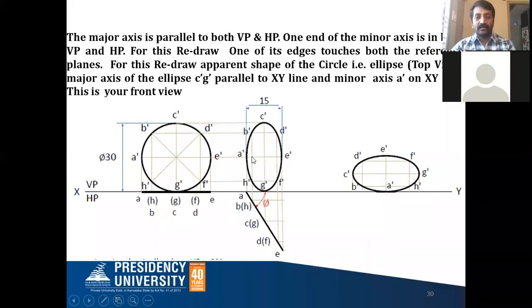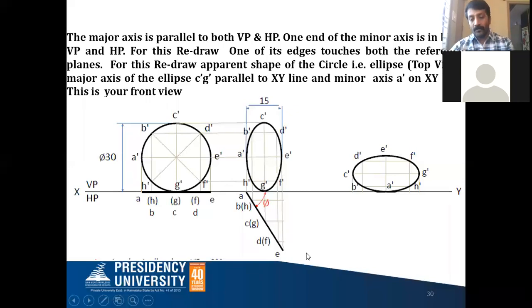After that, this distance and this distance and that 90-degree line you can cut, so that all the 8 points you can get, and you can join them with a smooth curve. One more ellipse we're going to get. You have to redraw this ellipse such that the major axis, that is C dash and G dash, should be parallel to HP, and VP is nothing but parallel to the XY line. So this completes your top view.